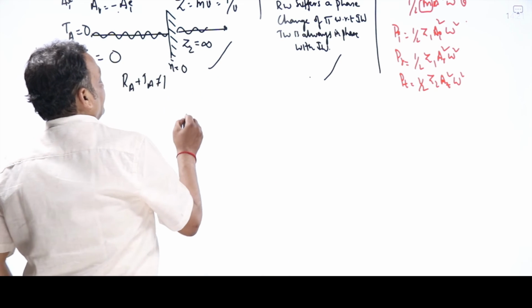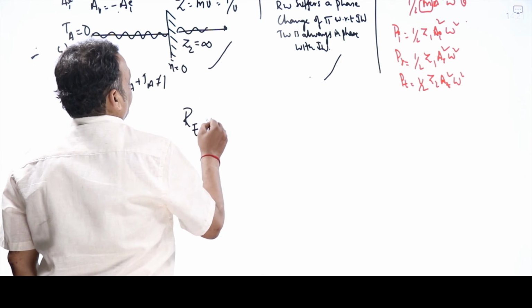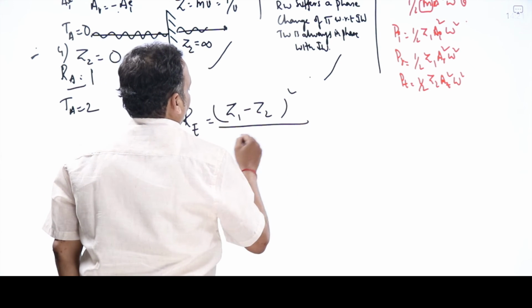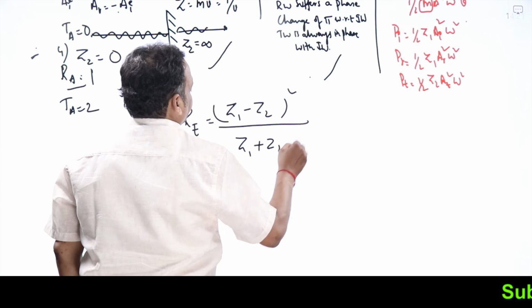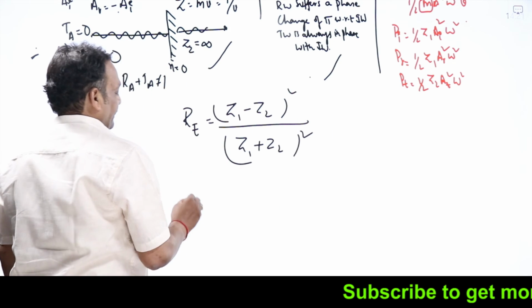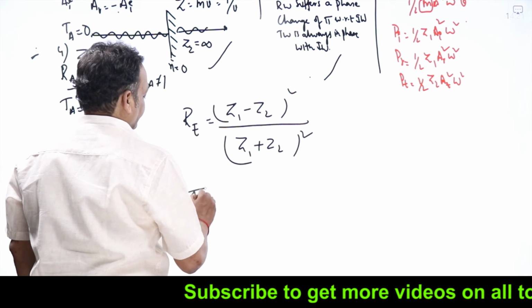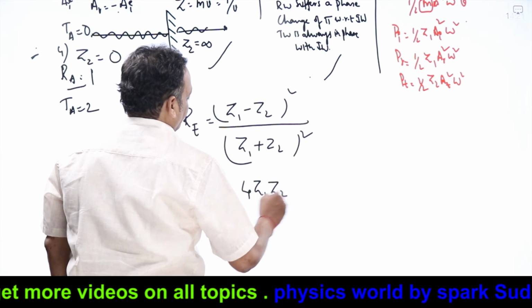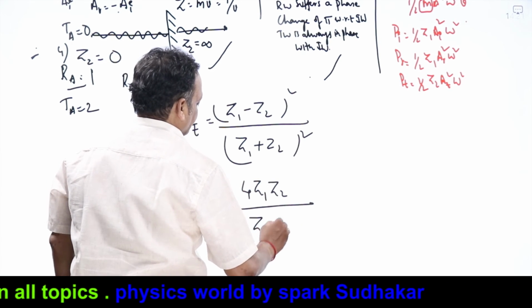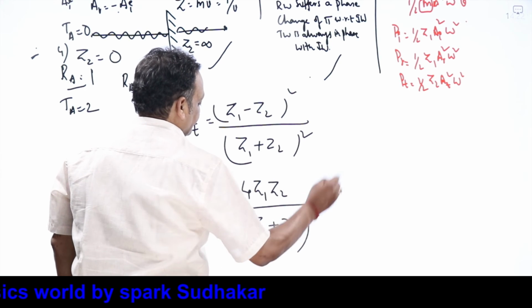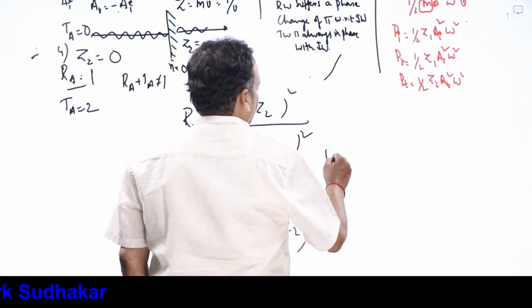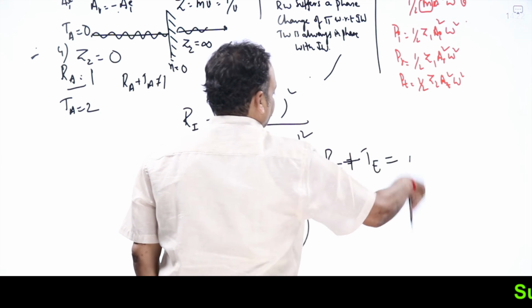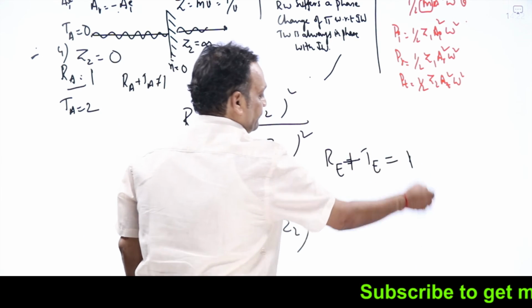The energy reflection coefficient RE equals Z1 minus Z2 whole square by Z1 plus Z2 whole square, and the energy transmission coefficient TE equals 4 Z1 Z2 by Z1 plus Z2 whole square, such that RE plus TE is always equal to 1.